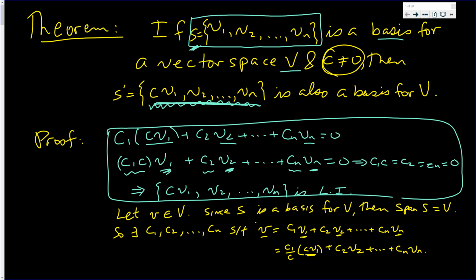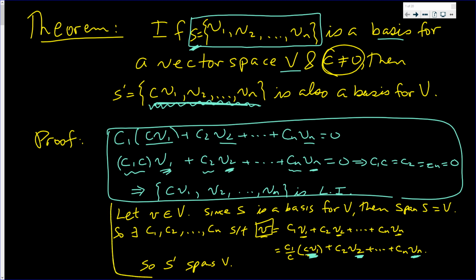That is, I was able to write v as a linear combination of those vectors, cv1, v2, up to vn. So S prime spans V. The span of S prime equals V.